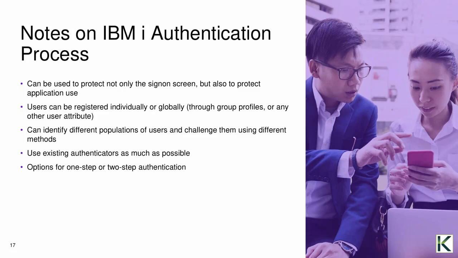We also want to make sure, as we said earlier, we can use your existing authentication methods. Whatever you've got in your current system, if we can, we want to hook into those or work with your existing authenticators. We don't want to add more cost. And as described before, you can choose one or two step authentication.